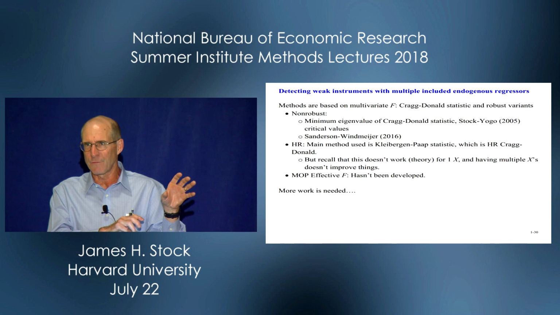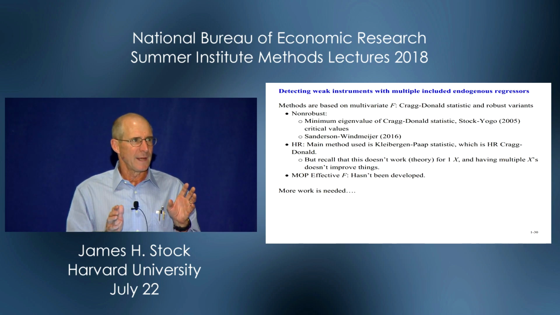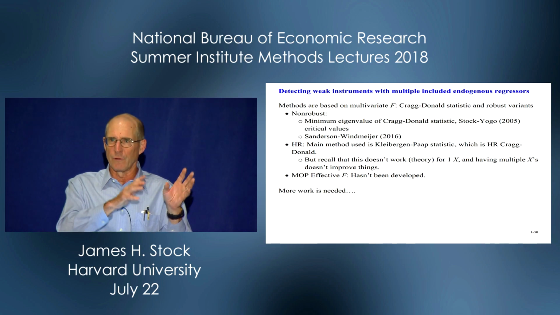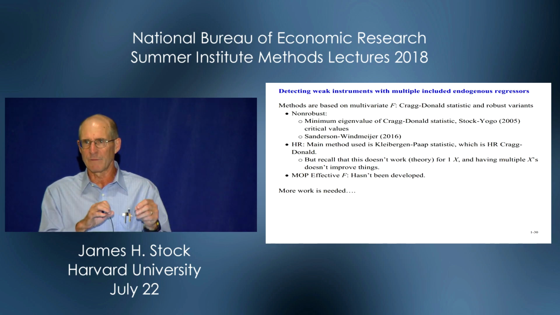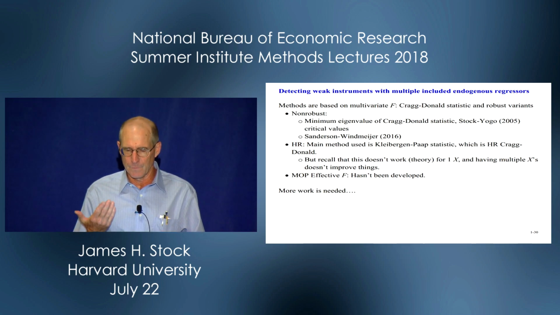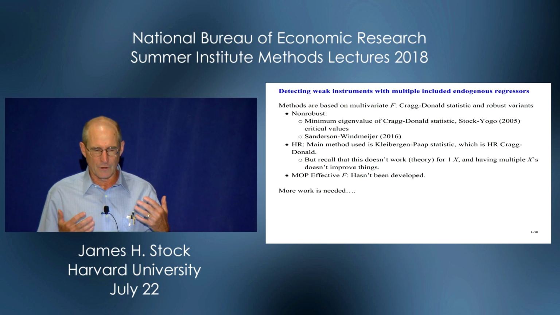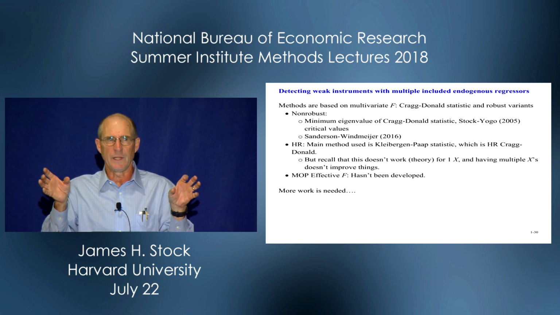Is the other one not identified? Are they both not identified? And how do you parse that out? Complete non-identification is one possibility. There's partial identification, or one strong, one weak. This Sanderson-Windmeijer statistic gets at, well, suppose one is okay and you want to check on the other one.